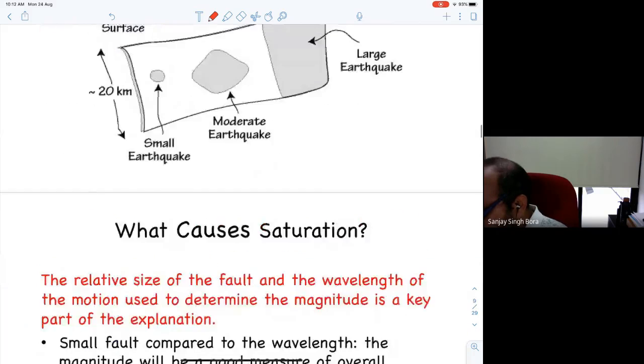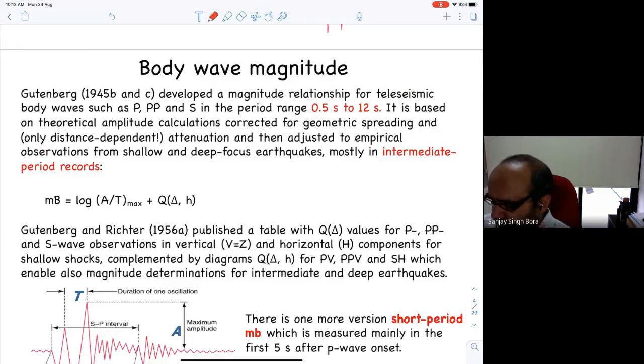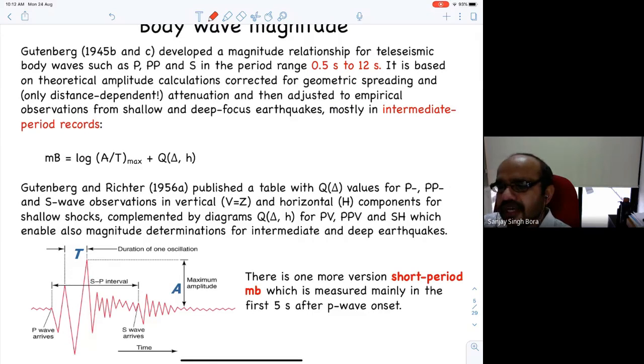Anyway, first we want to start from where we left off, where we discussed that other than ML, we have other magnitudes. Keep in mind that ML was measured on a specific type of instrument. It was designed for California by Richter, and originally it was referenced at 100 kilometers. He meant that whenever you measure an earthquake at 100 kilometers distance, that will be its magnitude.